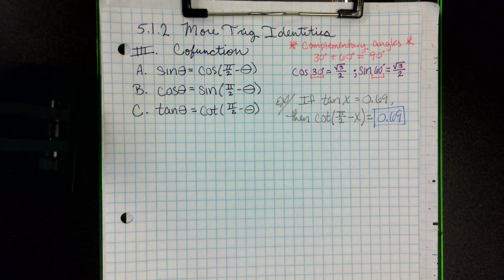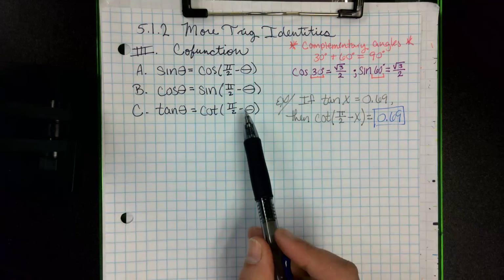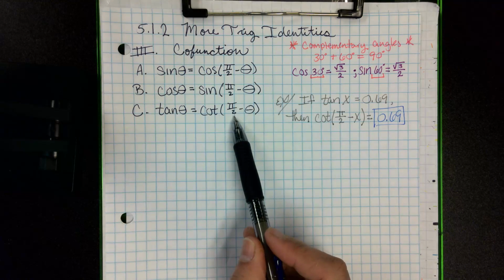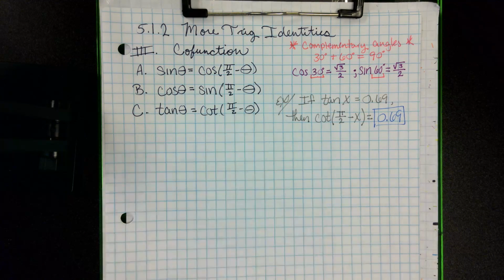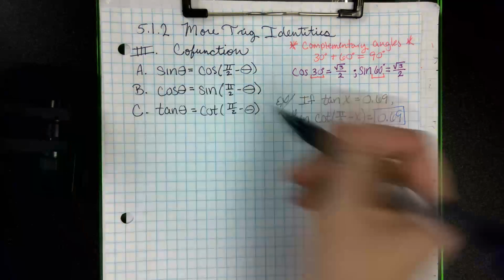Not that bad, right? All right, that's cofunction. And you can tell because normally you'll see a pi over 2 minus theta, and then go to that section of your formula sheet. Not every problem is exactly the same, but there's one type.